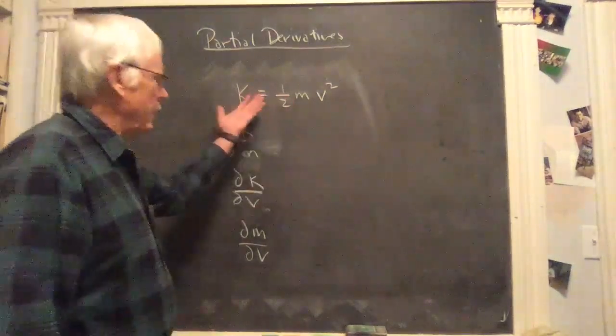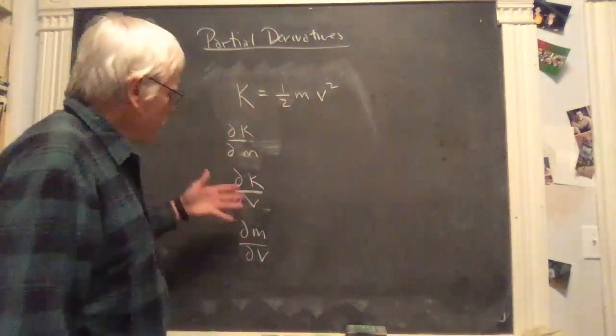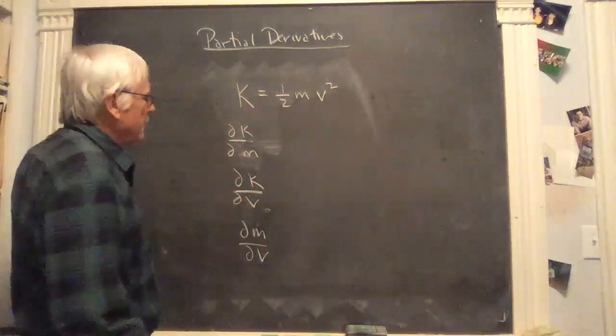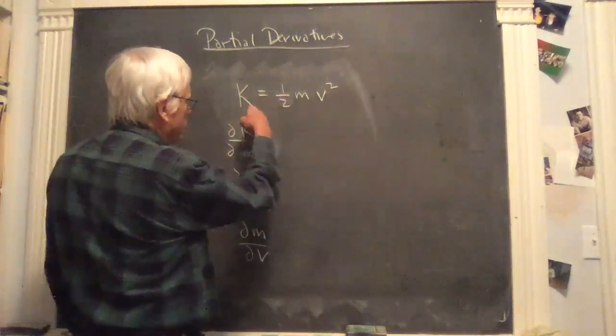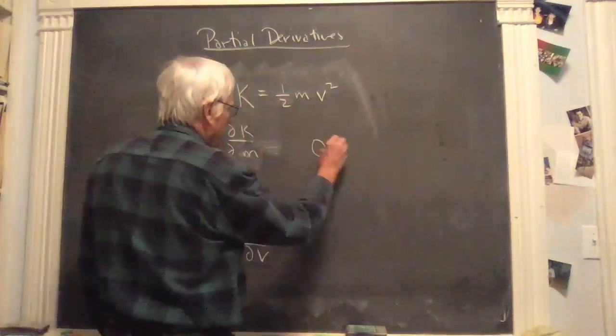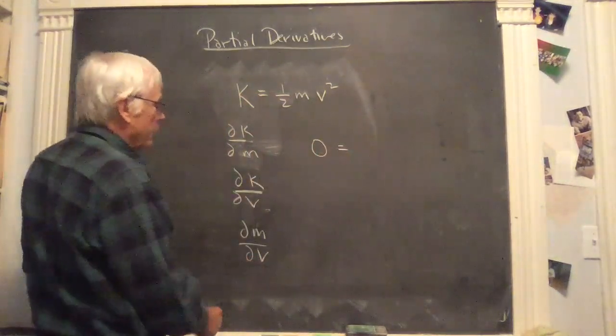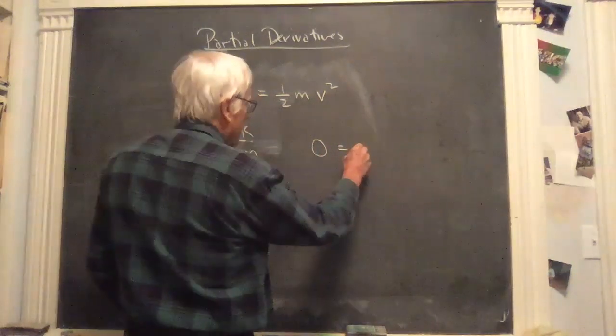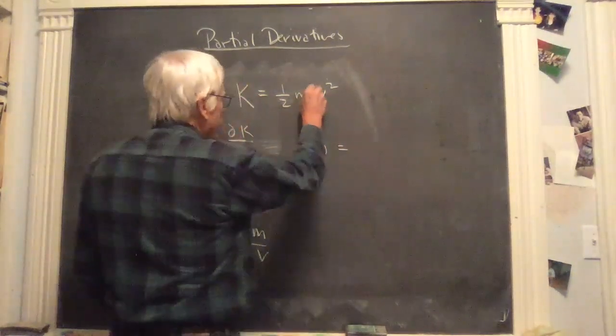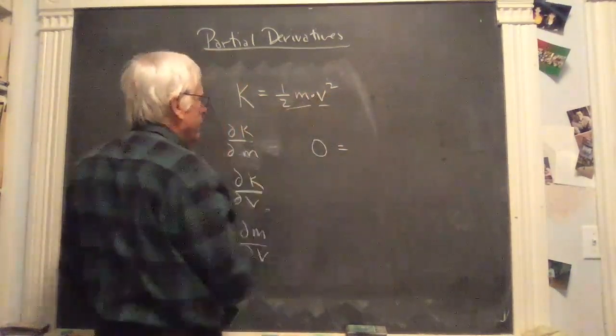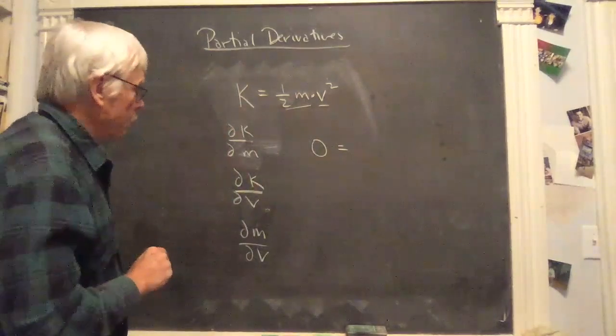In this case, you can solve for m, but you can do this implicitly using this equation. The derivative of k is 0 with respect to v, because v is the variable. On the other side, we have a product, 1/2 m and v squared, so that's the product rule.